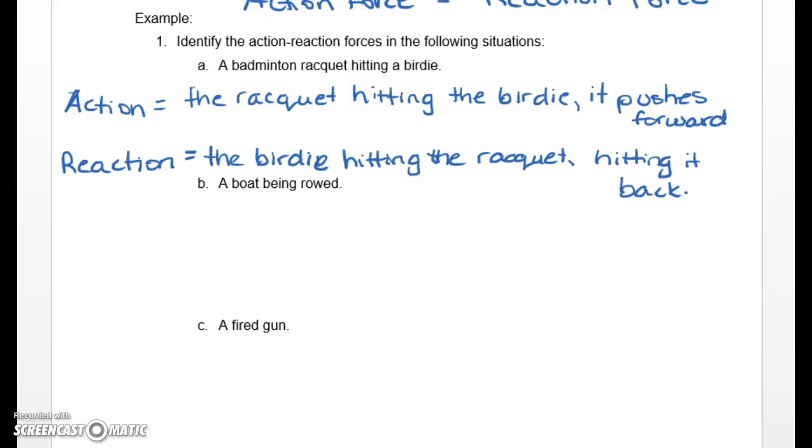So example B states that we have a boat that's being rowed. Our action here, in order to make that boat move forward, is that someone is taking some oars and pushing against the water.